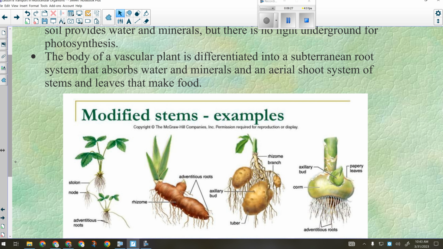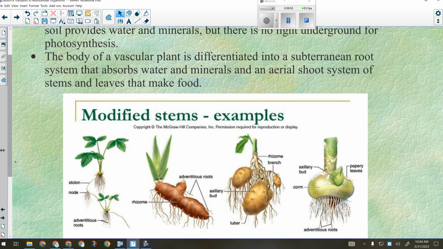But it was too dark in the basement, it never got any light, so it never was able to carry out photosynthesis. But it had shrunk the potato down to nothing. It had used all of the energy stored in that potato to try desperately to get to the light and grow again. So that's why potatoes get those little sprouts on them. They're just trying to grow again. The conditions are good enough, temperature-wise, for them to grow, so they try.